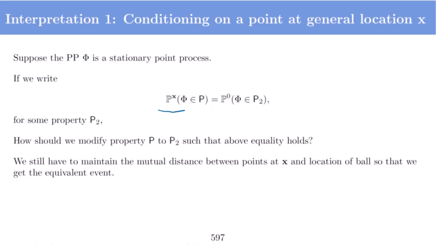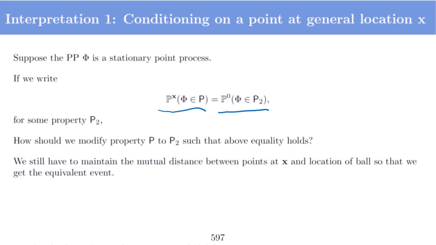So we have a property P, and we are interested in computing the Palm probability, conditioned on a point at location x, that phi belongs to P. And we say that this is equal to the Palm probability of P2, where the conditioning is on a point at the origin. We want to find out what P2 must be such that we can say this.